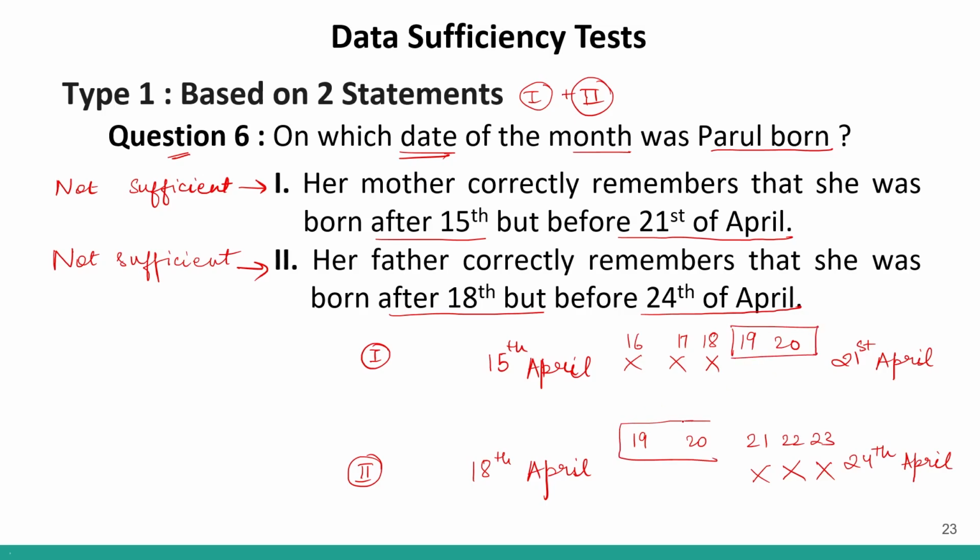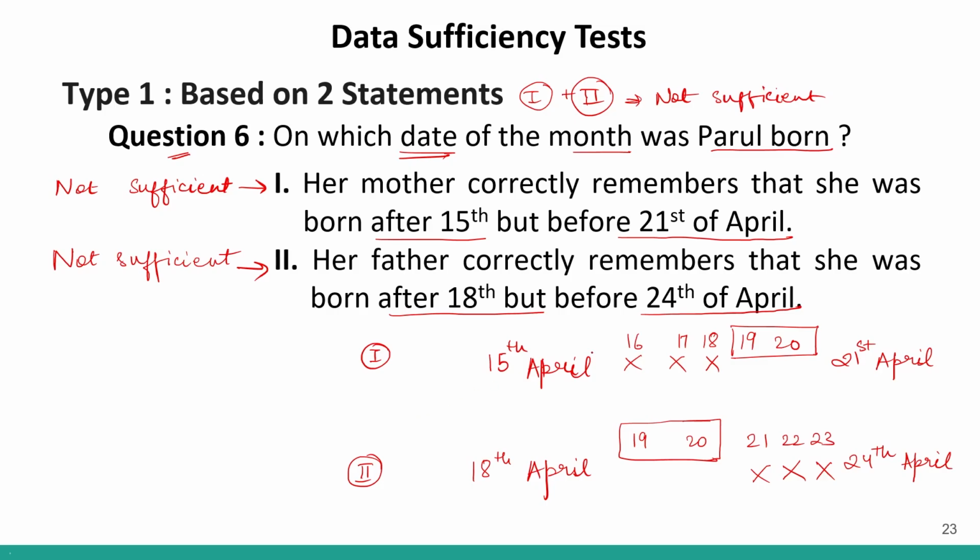So according to statements 1 and 2, Parul could be born either on 19 or on 20. So even now we are getting 2 different possibilities. So I can say that statements 1 and 2 together are not sufficient to get the exact date on which Parul was born. Correct?